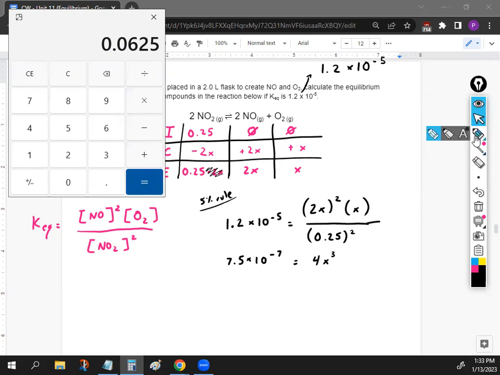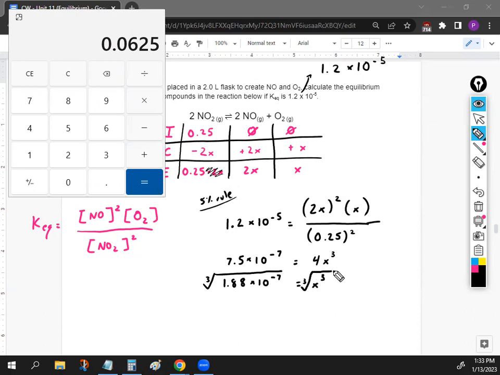All right, next thing that we're going to do is isolate the x, right? So we're going to divide by 4 on both sides. That's going to give you about 1.88 times 10 to the negative 7 equals x cubed. And then from here, super easy. We just find the cubed root for both sides.